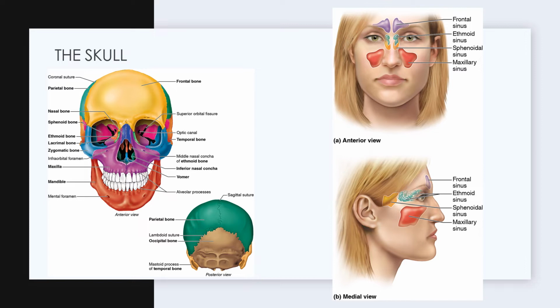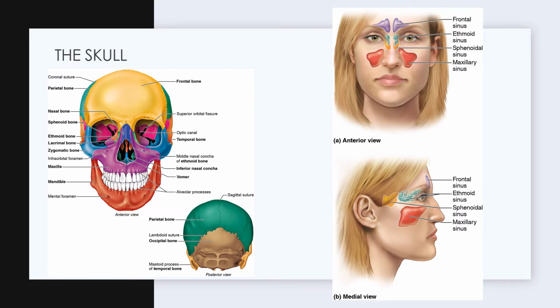So the maxillae, or maxillary bones, in purple here, fuse to form your upper jaw. All facial bones except the mandible join the maxillae. They're noted as the keystone bones of the face. They carry the upper teeth.